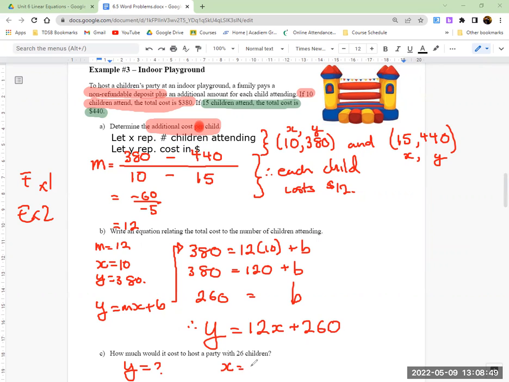If I have x equals 26, because we said x represents the number of children, and instead of struggling with that, if you have the equation, life is so easy. Y equals 12 times x, add it with 260, and you get, I did this calculation ahead of time, $576.